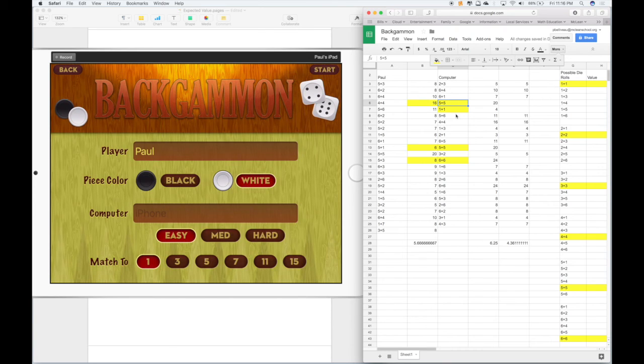We're going to try and figure out just what a simple video game like Backgammon on iPad does to make a game fair or unfair. We'll do that next time. Hopefully now you have a better understanding of expected value, and we'll pick it up from there.